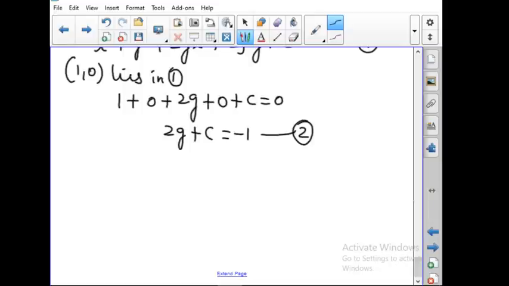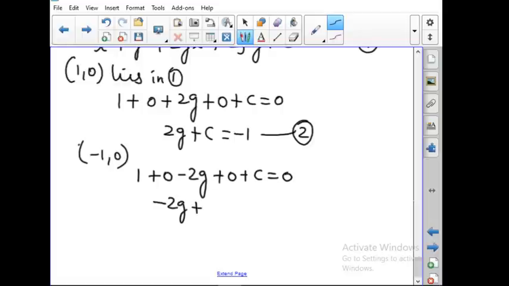Now let us substitute the next point, (-1, 0). So when you substitute (-1, 0), (-1) whole square will become 1 plus 0 minus 2g plus 0 plus c is equal to 0. So rewriting this equation, minus 2g plus c equal to minus 1. Take this as equation number 3.